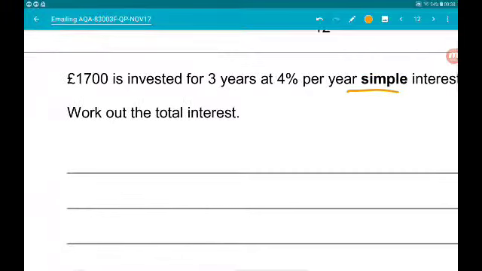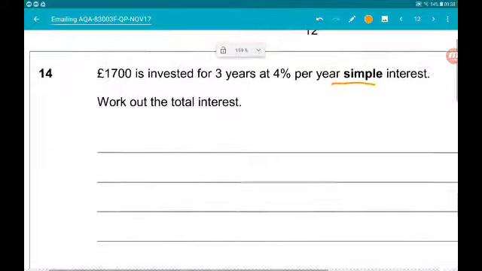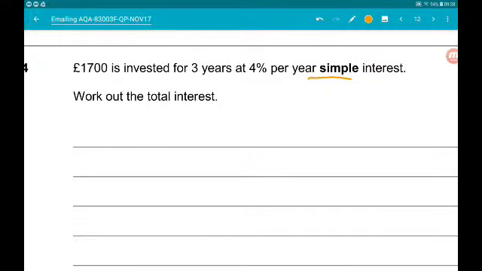We want to work out the total interest. Right. Simple interest is when you are paid the same amount every year. Compound interest is the one where it builds up, but simple is the one where it stays the same every year. So, our interest rate is 4%.